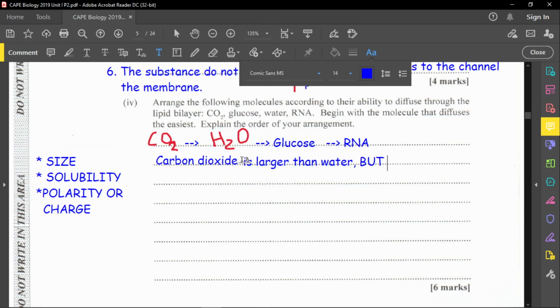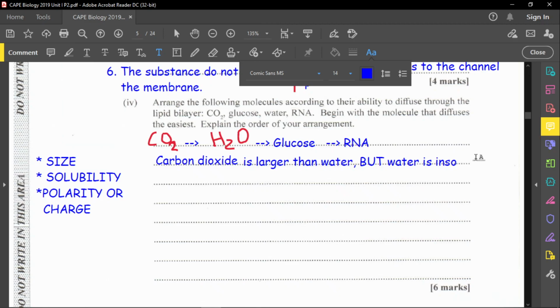But water is less soluble. In fact, I could say insoluble in oil, because remember now, the phospholipid, which is the lipid with the fatty acid ends, they themselves are non-polar. And so water cannot dissolve in oil substances. So therefore, they'll not be attracted to the molecules or the fatty acid part of the thing. But water is insoluble.